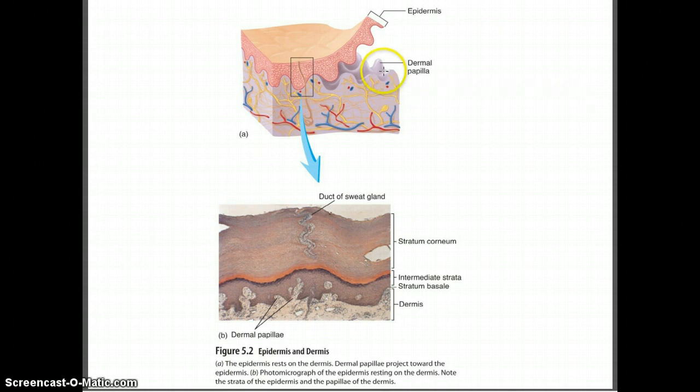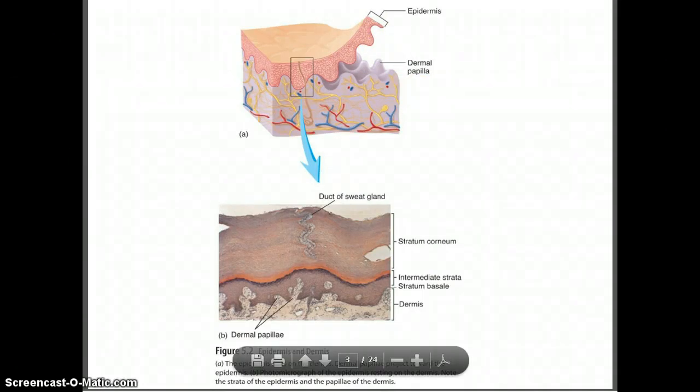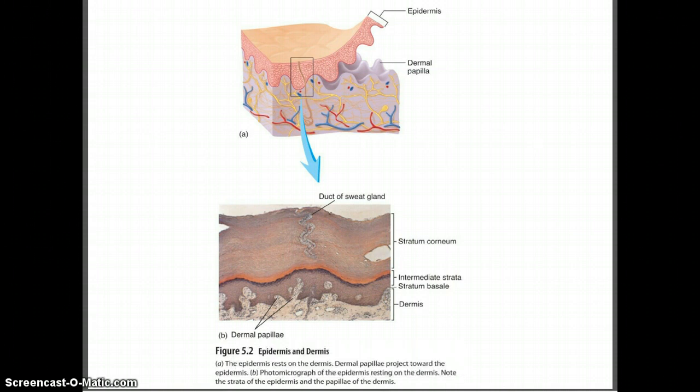If you interlace your fingers, you'll have a good idea of how the dermis and the epidermis are joined together. I'm not really being facetious here, but if you didn't have the dermal papilla, among other things, imagine your epidermis just kind of sliding around on your dermis. Not a pretty thought.